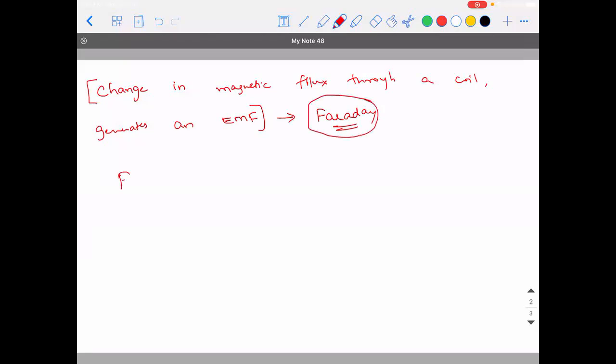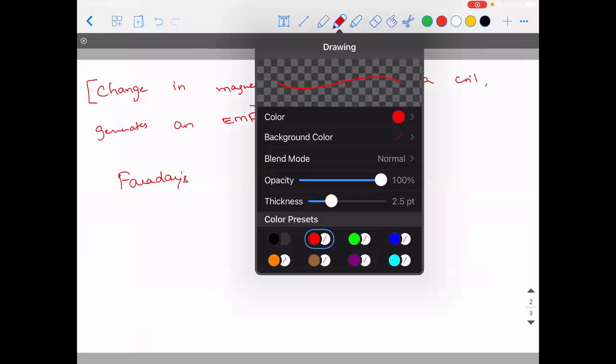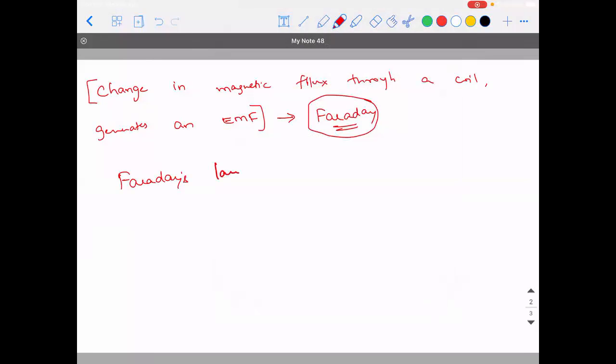That is why this theory is also called Faraday's law of electromagnetic induction. I'm sorry, guys, my software is not supporting today.